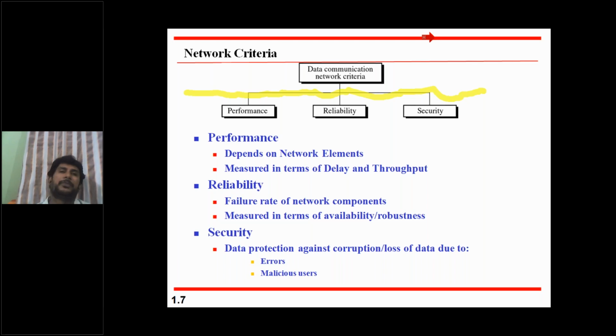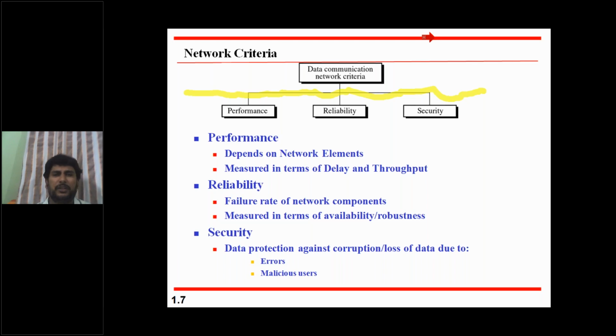At the same time, if I'm trying to send data in the form of smaller units called packets, and in the total data which I have sent, some of the data has been lost. If I send data in the form of 100 packets, and only 90 packets have been received, what is the success ratio? 90 out of 100. And what is the packet drop ratio? 10 out of 100.